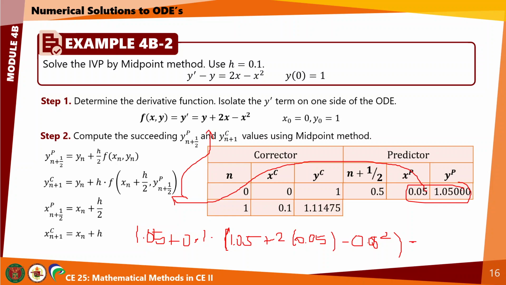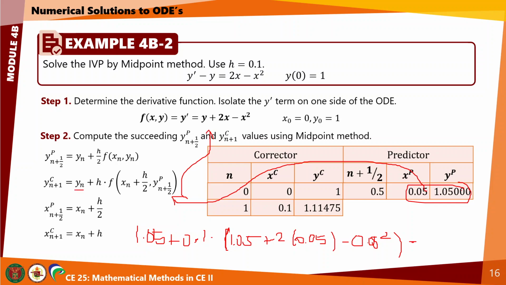Wait lang, sorry, hindi pala to 1.05. Y sub n pala to.